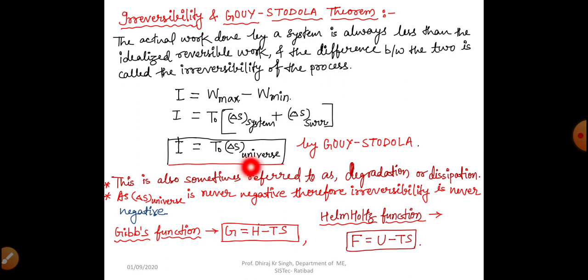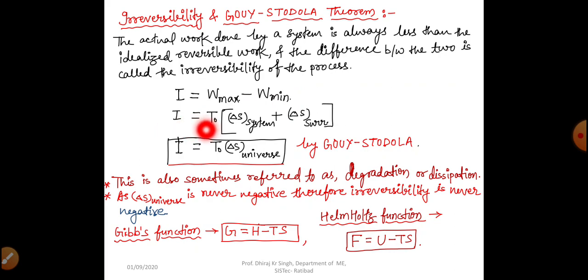Irreversibility is also known as degradation or dissipation, meaning which got wasted. We can write the expression for irreversibility I equal to maximum work minus minimum work. Maximum work will always be our idealized reversible work, and minimum work we may take as actual work.